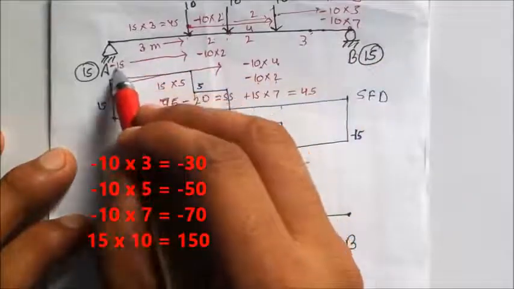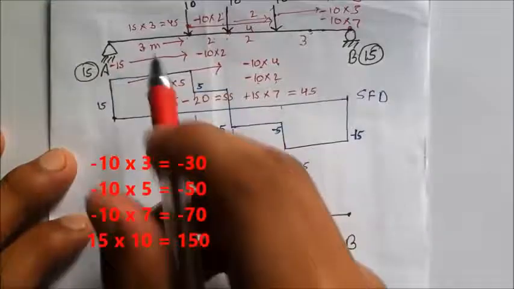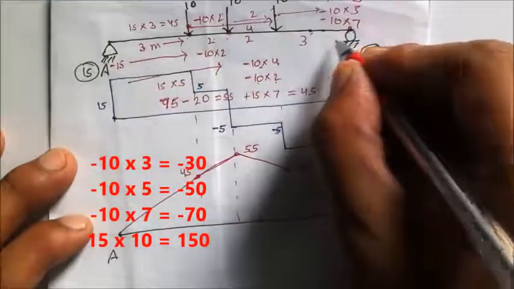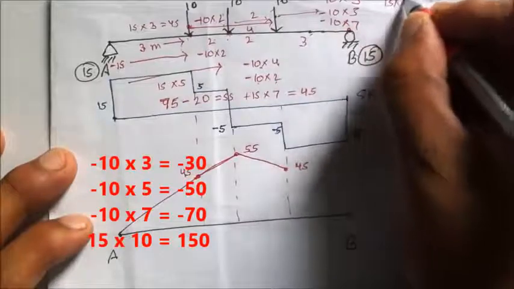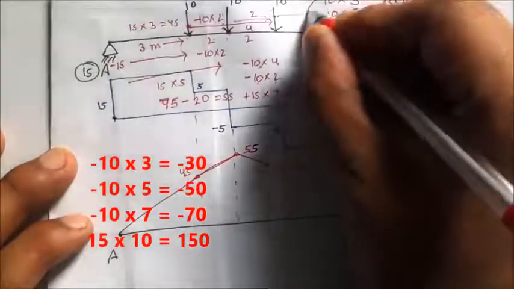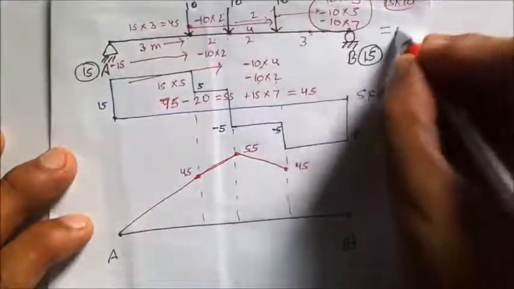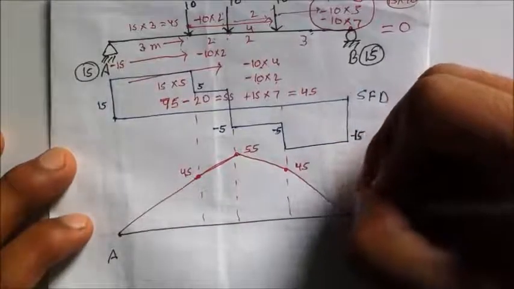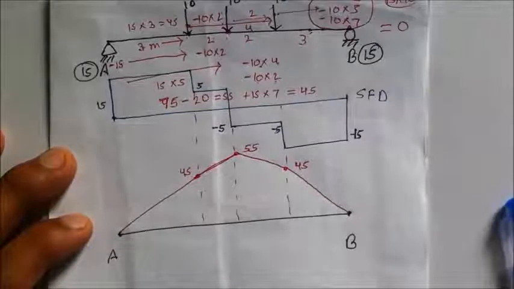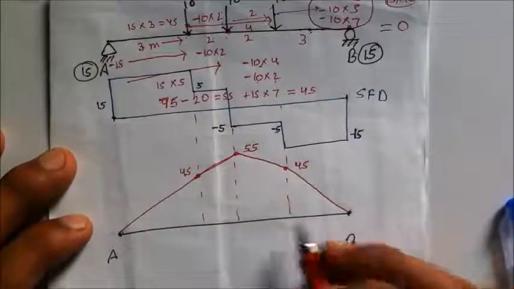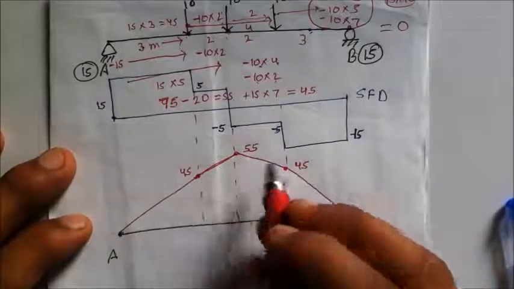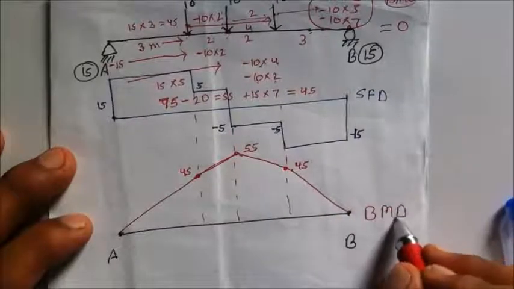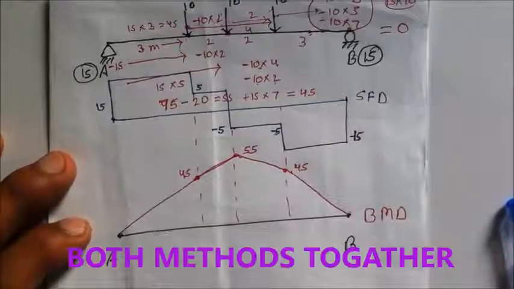And for Ra, which is 15 in the positive direction, the distance is 10, so it is 15 into 10. Solving all of these equations, I get 0 as the resultant, so the bending moment at the last point is 0. So from Ra to Rb, the bending moment changes from 45 to 55, again 45, and then 0. This solves our bending moment diagram in the second method, the carry load method.